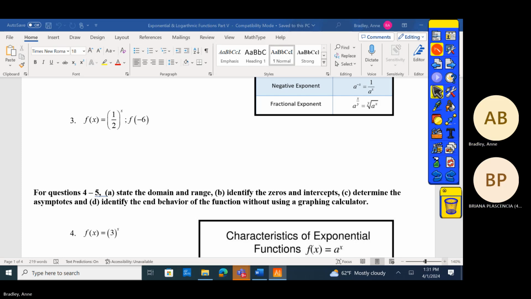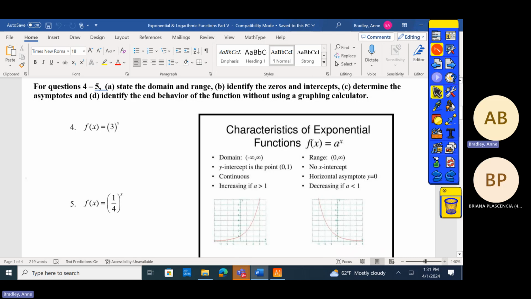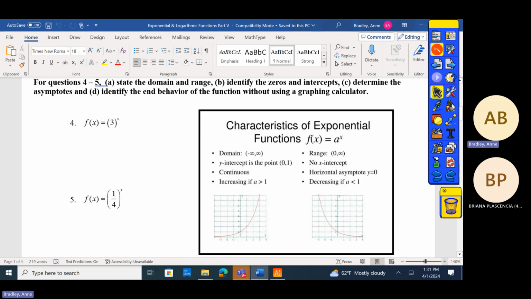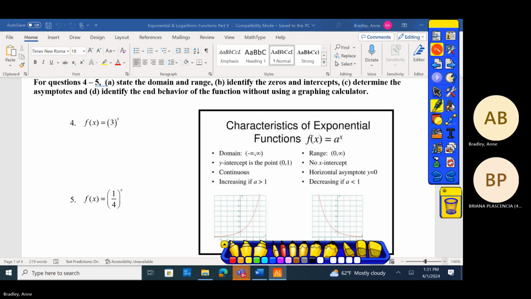We can move on. Okay, so 4 and 5, we're going to use this information here that's in this box, and we're going to state the domain, the range, identify the zeros, intercepts, and determine the asymptotes, and then do the end behavior. So let's look at the first one. The very first thing I see when I look at this equation for number 4 is y equals 1 times 3 to the x. And this is the value I'm going to look at.